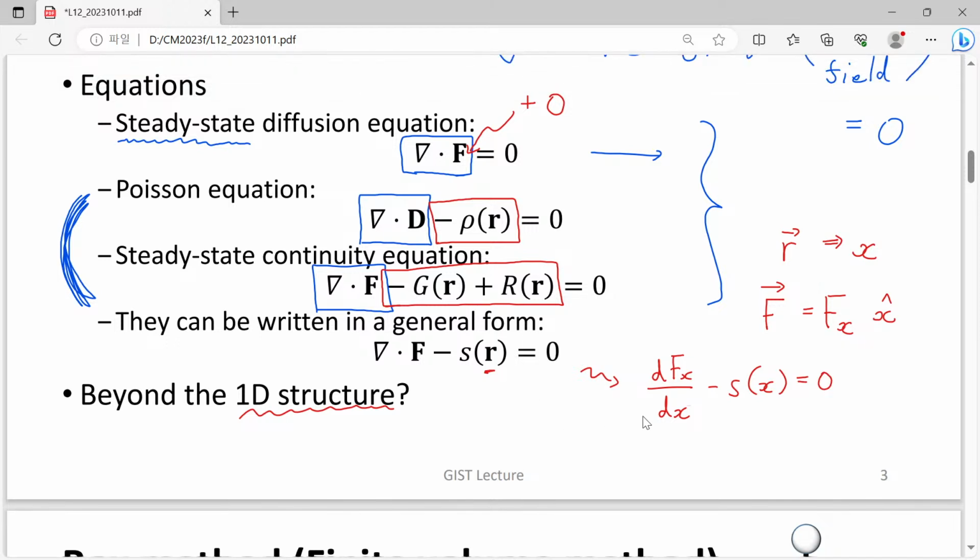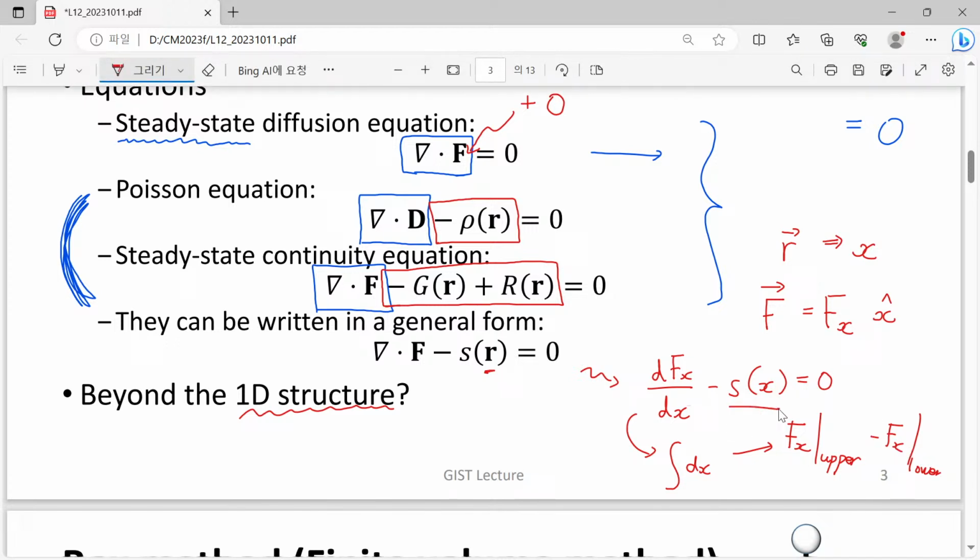And in the case of discretization, what we have done was just to integrate over a certain control volume, and you find that f_x evaluated at your upper limit of the integral minus f_x at your lower limit, and this one gives you just your source term integrated from lower to upper.